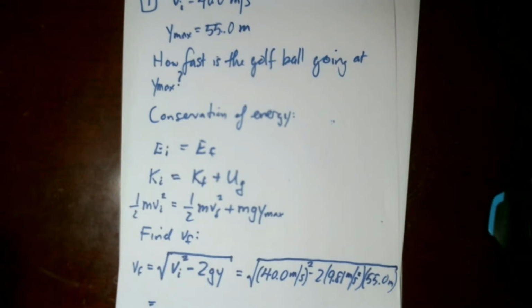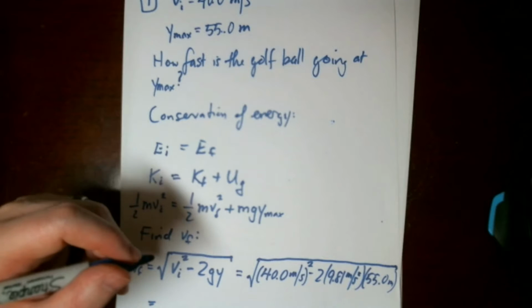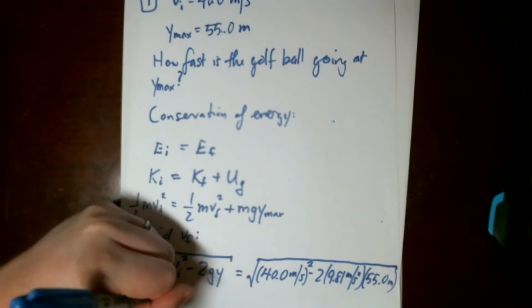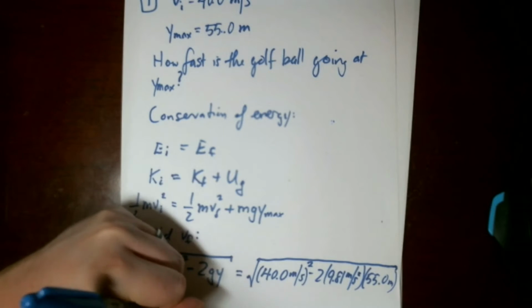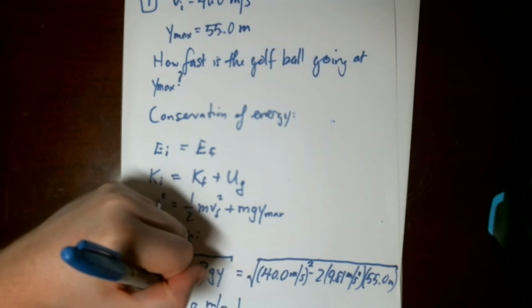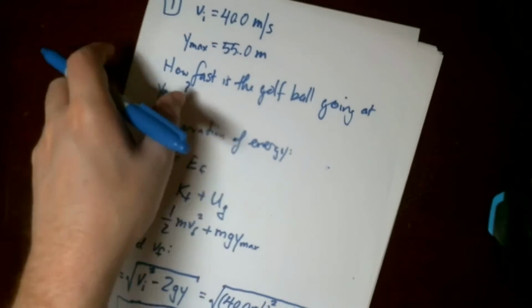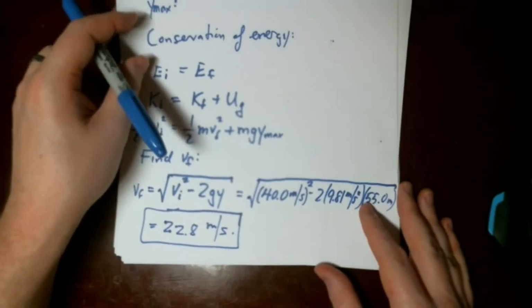So, when I plug that into my calculator, I find that the velocity of the golf ball at the apex of its trajectory is going to be 22.8 meters per second. Let me move the page up so you can see that. 22.8 meters per second.